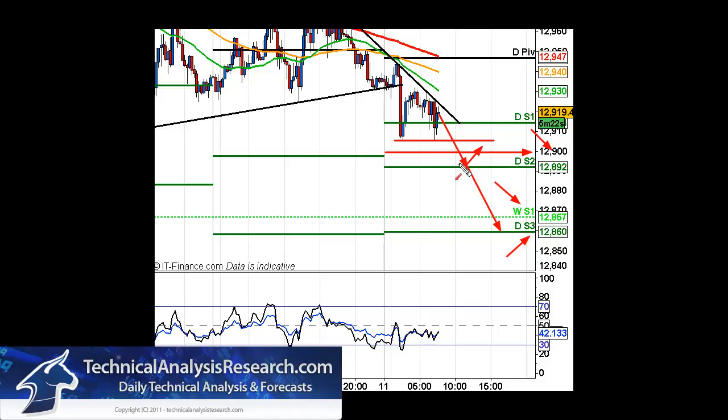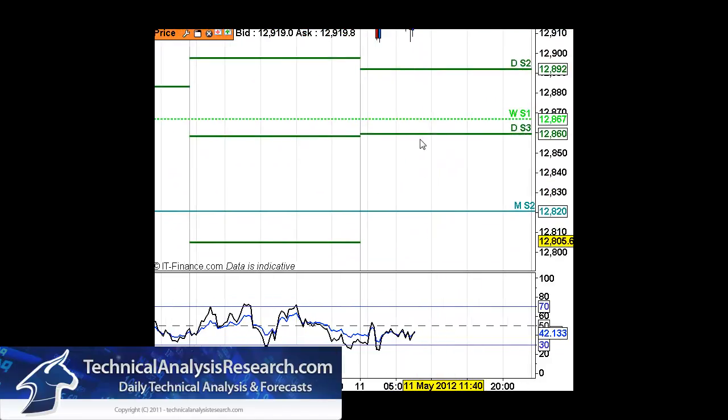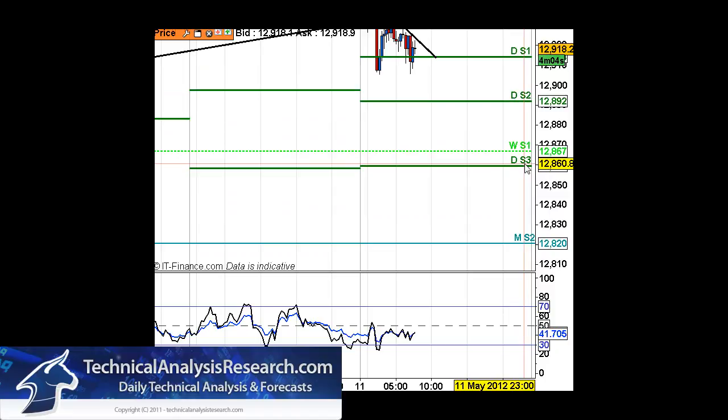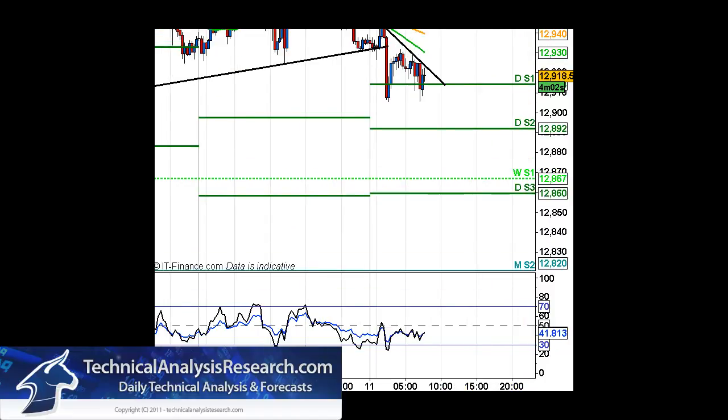Just sell the actual breakout and trade that downwards to the 128.60 confluence zone with the weekly S1 and the daily S3. For more downside, we've got the MS2, which is the monthly support 2 level, down at 128.20. Again, that is a possible target if the 128.60 gives way, but we do have the weekly S1 and daily S3 there, so this should cause a little bit of a stumbling block for price if we do get the break down below.